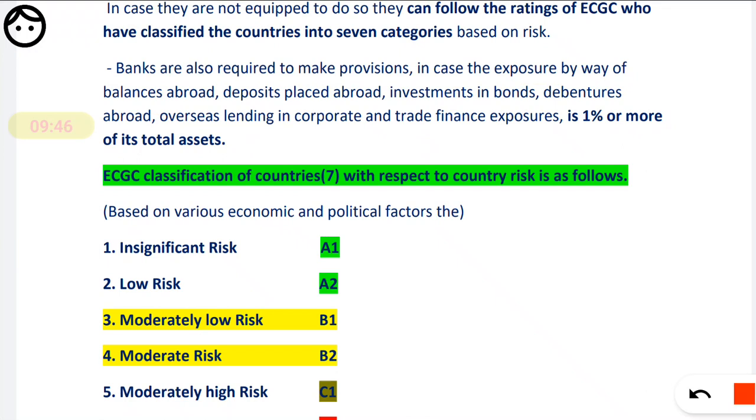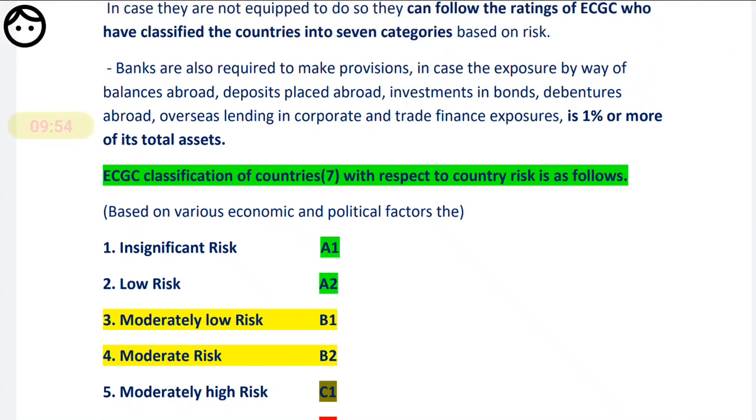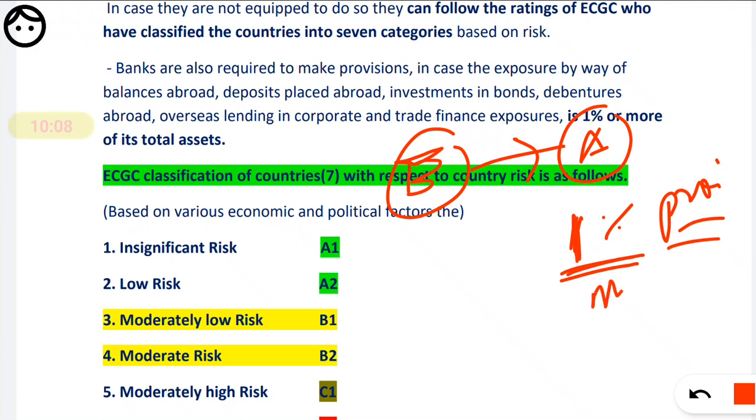So basically, if the bank is investing abroad, 1% of its total assets should be held as a provision, a minimum of 1% or more.